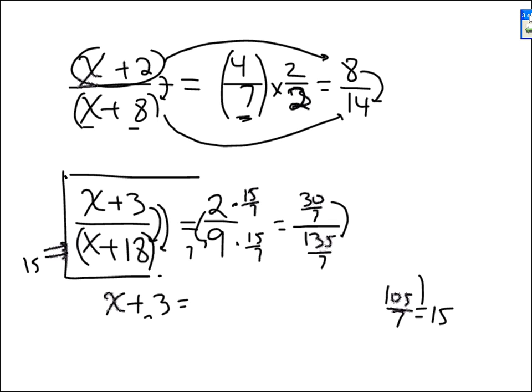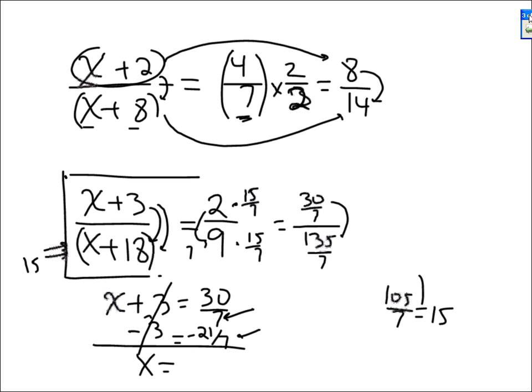You say x plus 3 is 30 over 7. Now, on the left side, it's more favorable to write that you're taking away 21 over 7, which is also 3. It's just another way of writing 3. And in subtraction, the denominators are the same. 30 minus 21 is 9. And there's your answer.